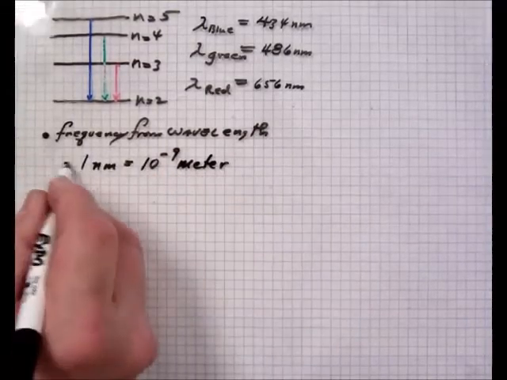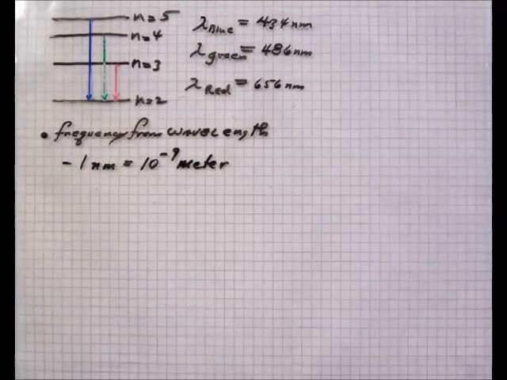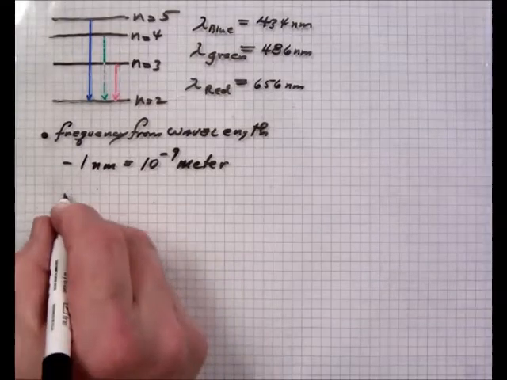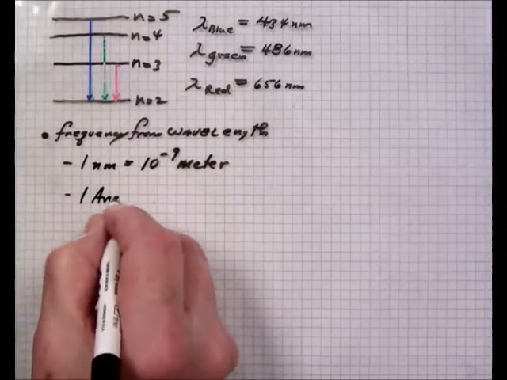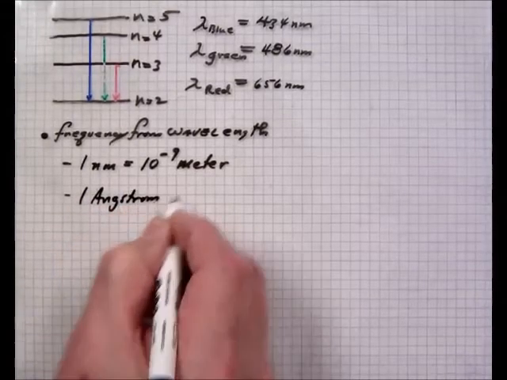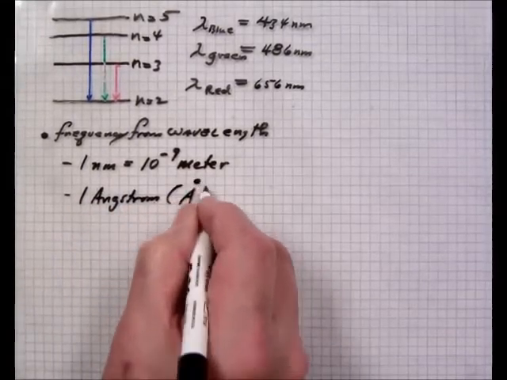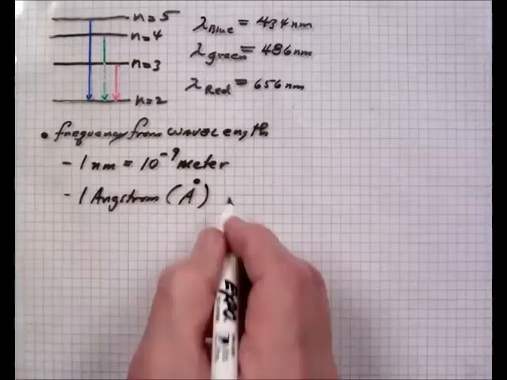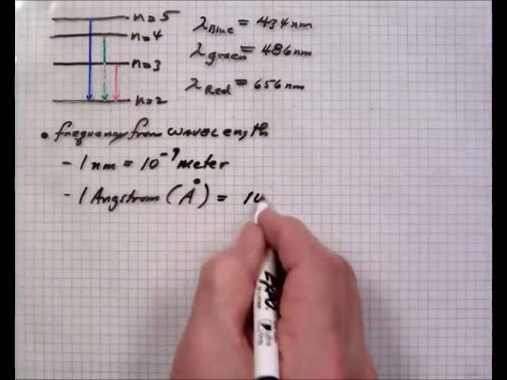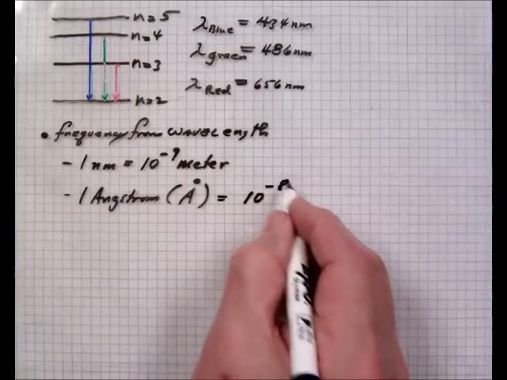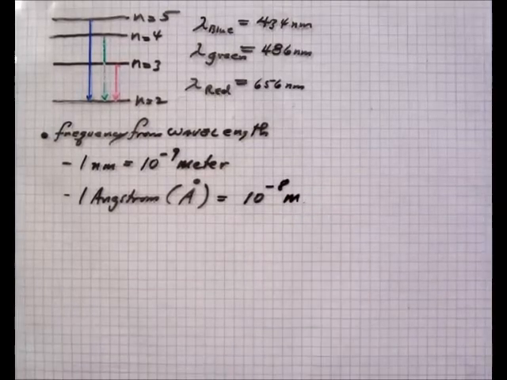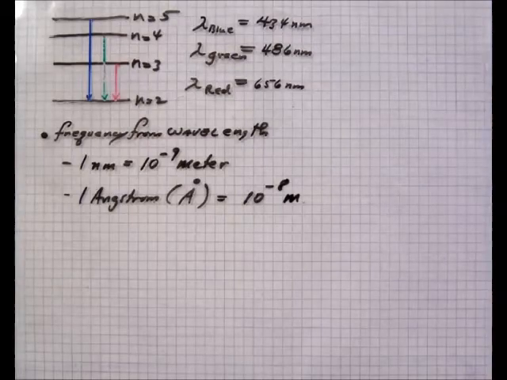So you want to keep up with that. 1 angstrom, usually written with an A with a little circle over the top of it, is about 10 to the minus 8th of a meter. Those are pretty common terms.